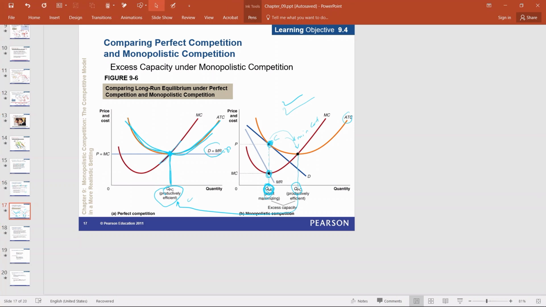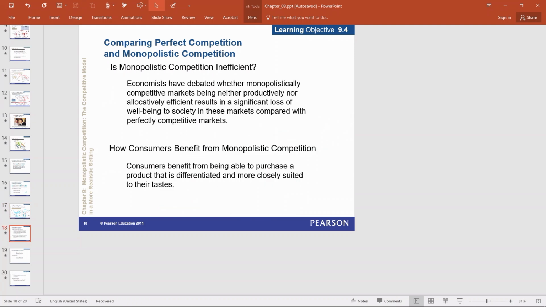And therefore, we go to some conclusions in the next slide, which asks this important question: is monopolistic competition inefficient? Yes, it is inefficient. Why?